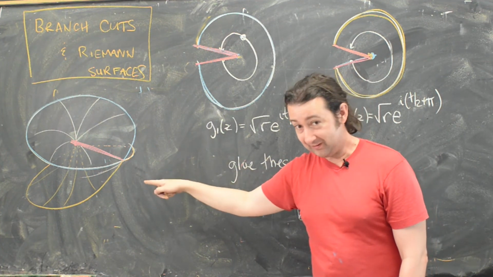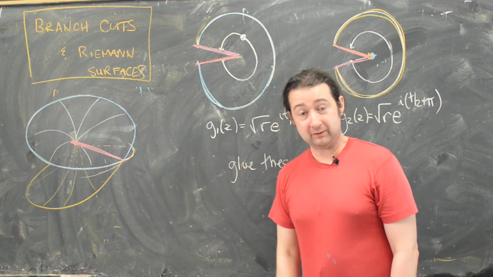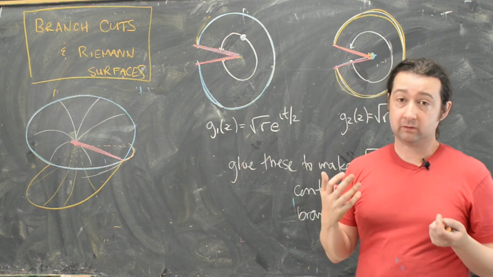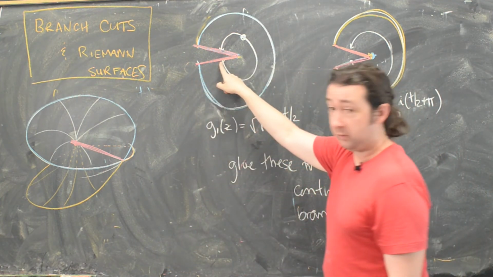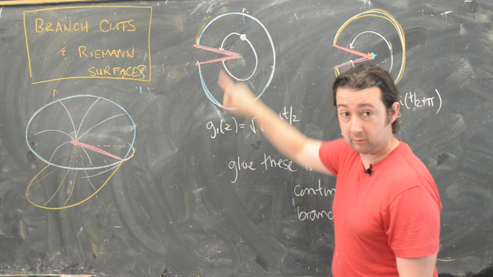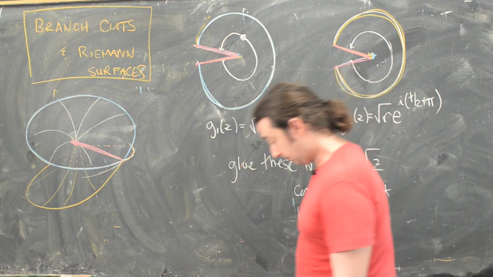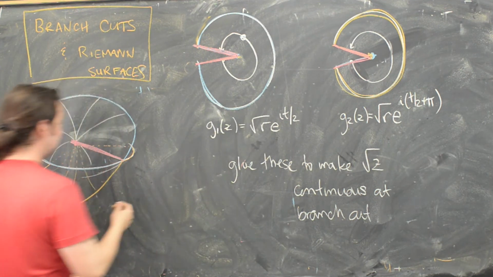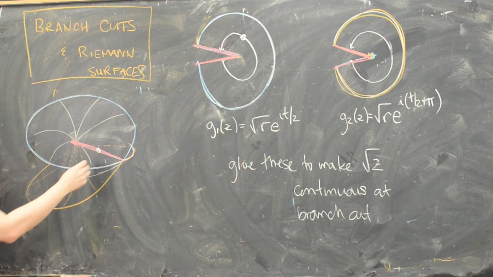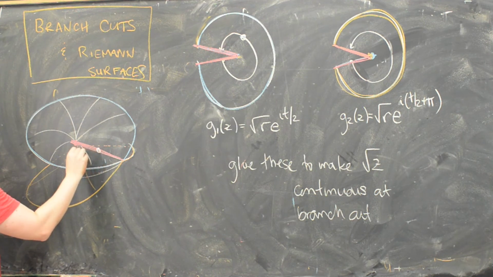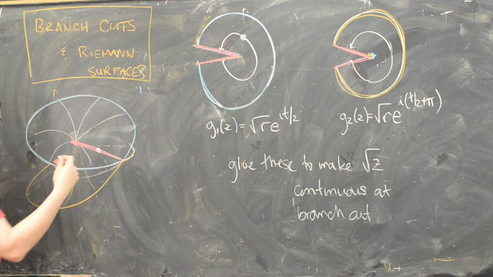If it's not clear how you travel on this surface, the idea is that you do it in a way so that you're continuous as you travel. So this circular path that I drew here in white, I'm going to draw it again on the surface over here. So the idea is that if you started on the branch cut, let's just say you approach the branch cut, you travel around the surface in a way that keeps you continuous.